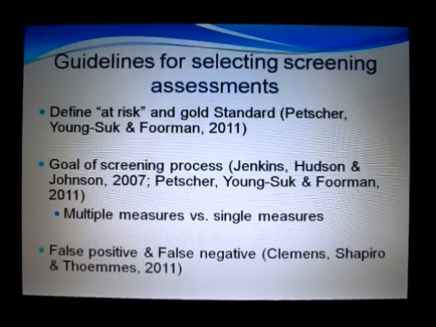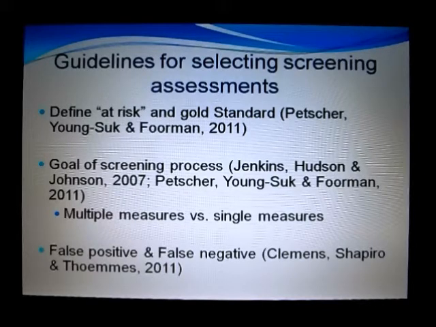So what is it that every student should be able to do, and at what point in the achievement or in the goal do you say, oh my gosh, these kids aren't making it, they're really at risk. So that could be a cut score, that could be a percentile, that could be your state benchmarks for fluency or comprehension.